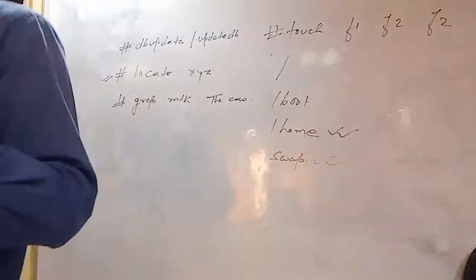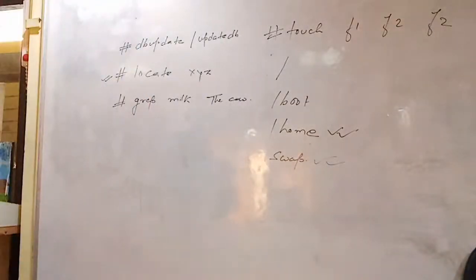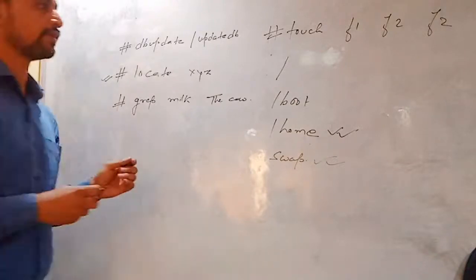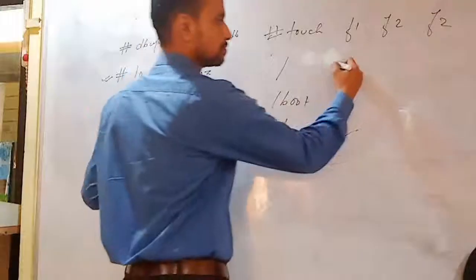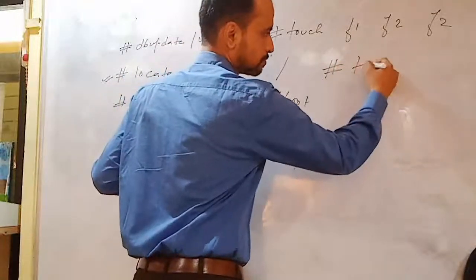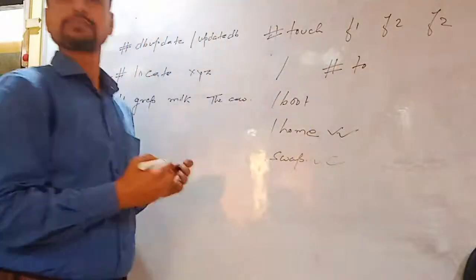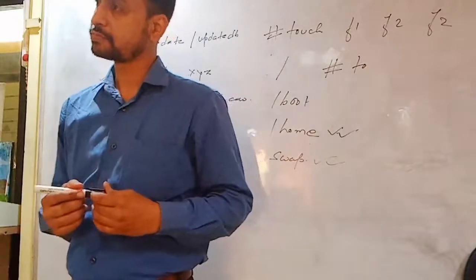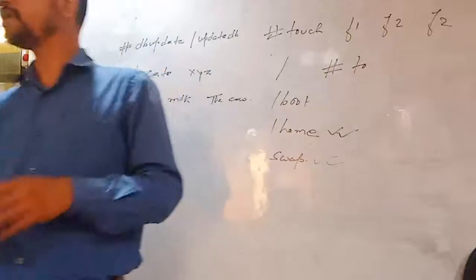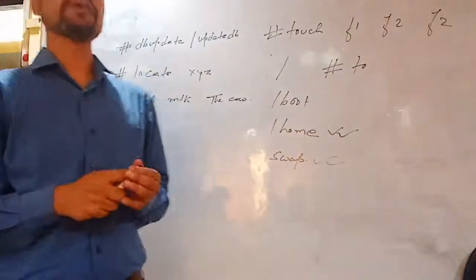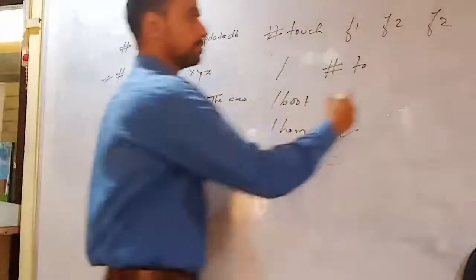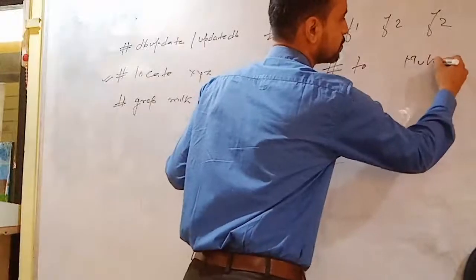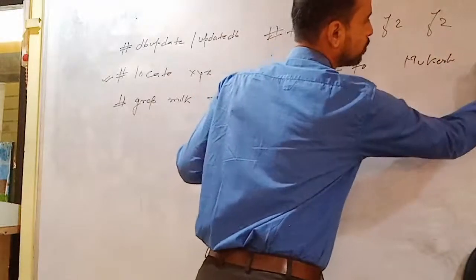So if we write touch Mukesh Kumar Jha without a space, it becomes a single file. If entered with spaces, Mukesh space Kumar space Jha, it becomes 3 files. Suppose mostly we give the name of any file like Mukesh Kumar.